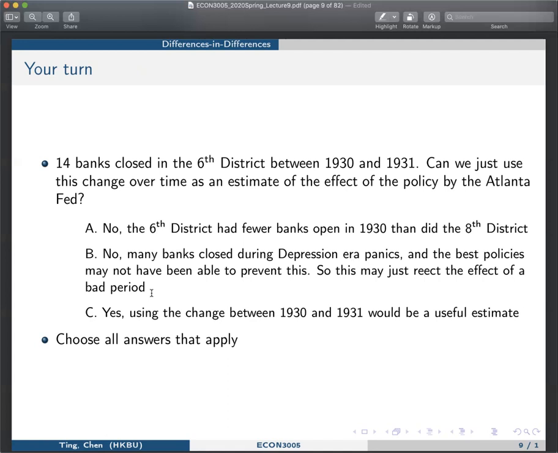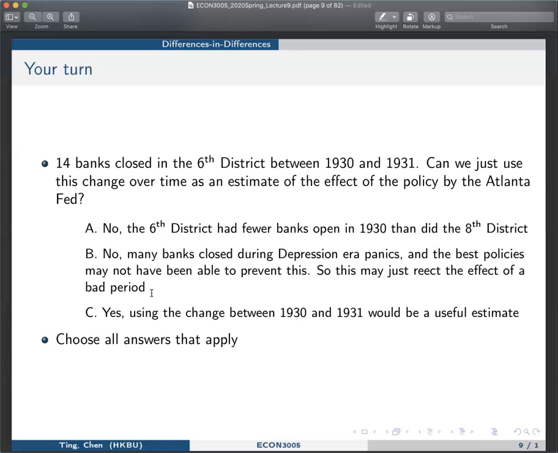Why can we not just use the treatment group? Think about that. During the crisis, for example, the banking system in district 6 actually undergoes two types of effects. The first effect is common to the whole South, to the whole Mississippi.